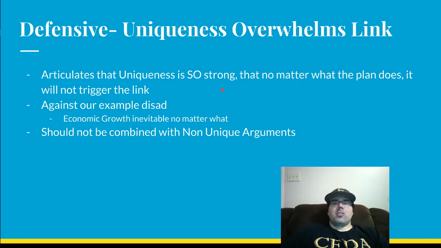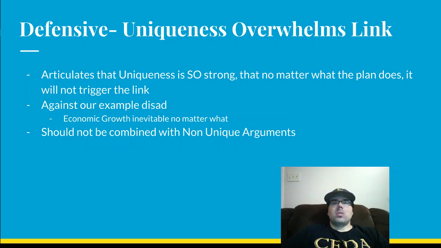Uniqueness overwhelms the link. This articulates that the uniqueness is so strong that no matter what the plan does, it will not trigger the link. Against our economy dissad that we were using as our example, economic growth is inevitable no matter what.